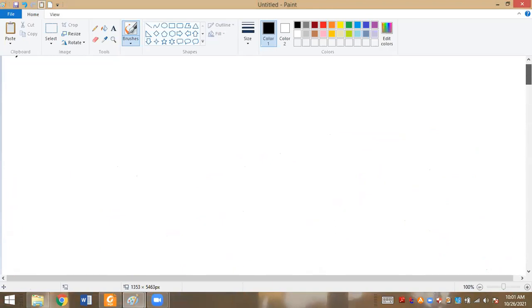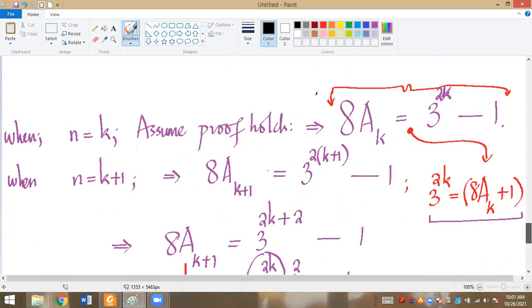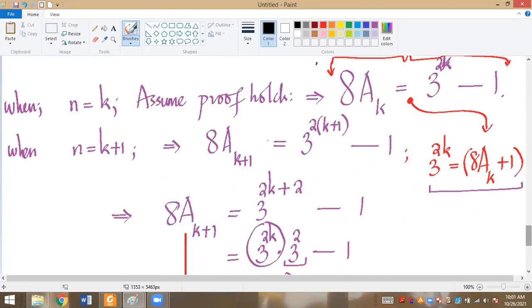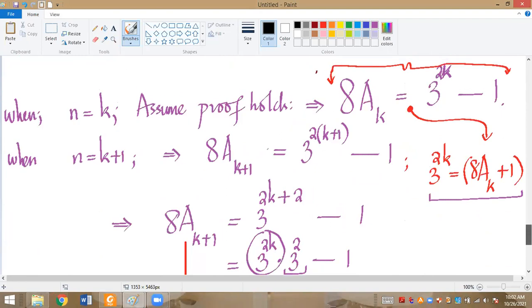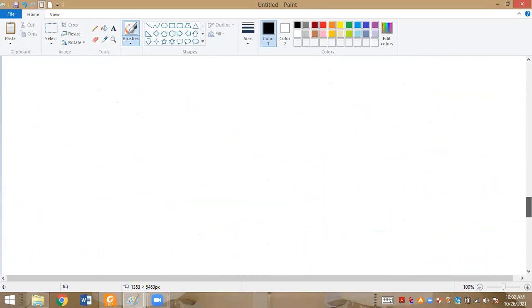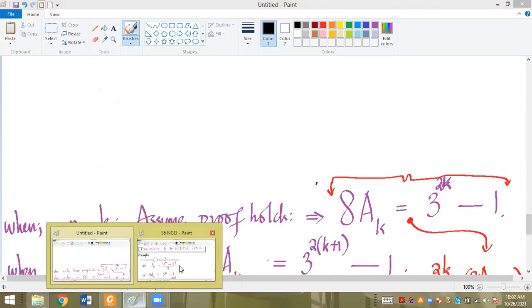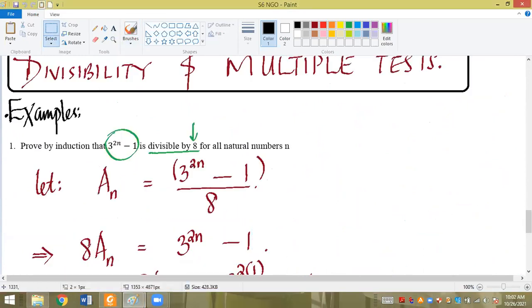Why do we do what? Sir, why are we multiplying by 8? For example, when we're substituting for n equal to k and n equal to k plus 1, why are we multiplying that 8? It was there. Why are we making it a multiple?